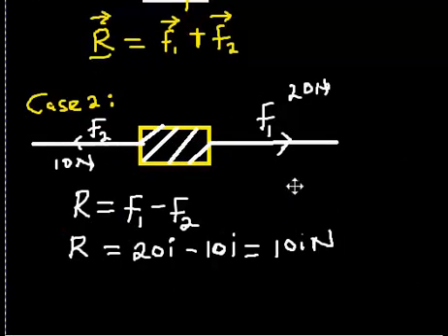Now I proceed to look at different scenarios. The next scenario is one where the two vectors are inclined at an angle to each other.